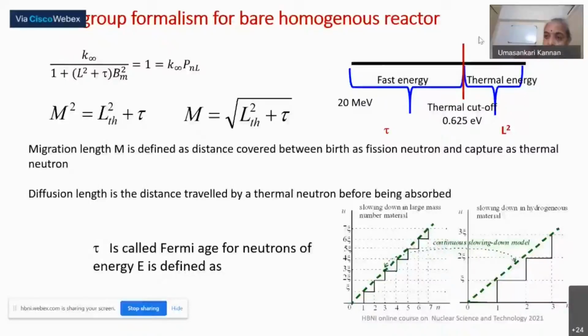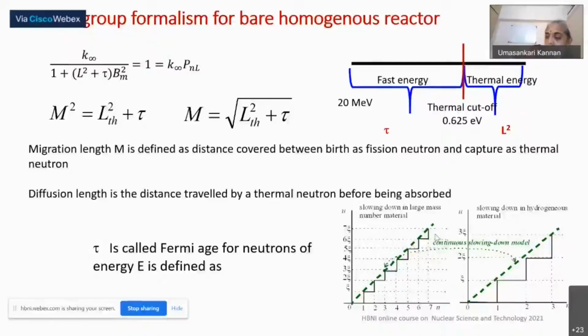In the energy domain I divide into two major regions. This is the fast energy region, with a thermal cutoff at around 0.625 electron volts. This is the fast region, and this is the thermal region. The thermal region is governed by L square, which is the thermal diffusion length. Now we will come to the fast energy region.